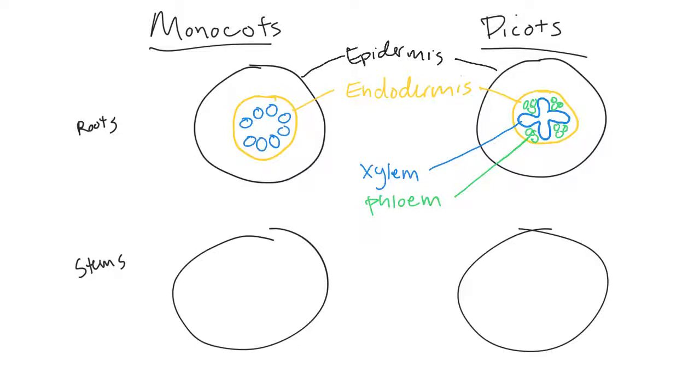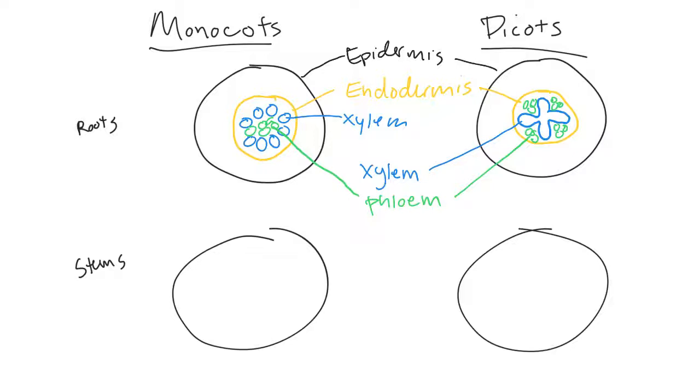Doesn't give you that X. Okay, but that's the biggest difference in the roots. If you look at the xylem and you see this X structure, you know it's a dicot. Okay?